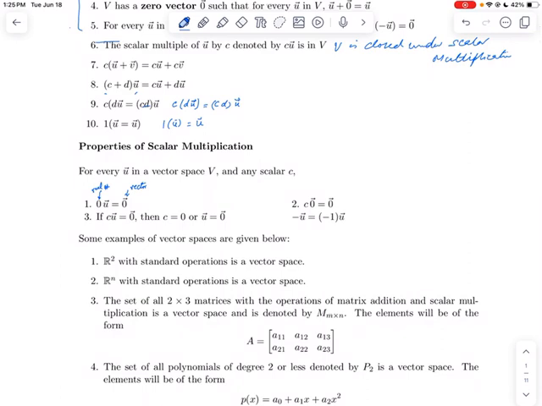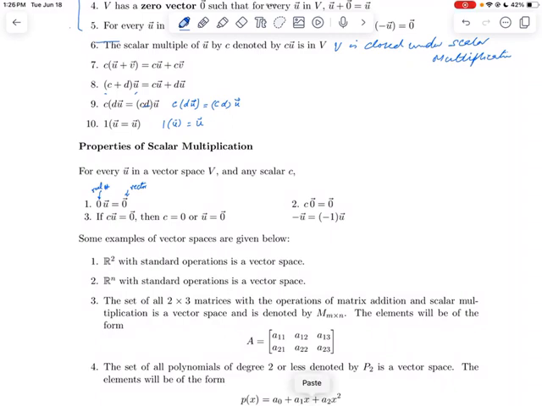This says for every u in a vector space V and any scalar c, this must happen: if you multiply the vector by the scalar 0, so 0 times u, it gives you back the 0 vector.